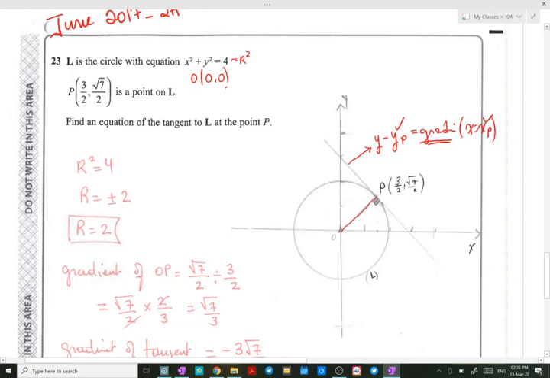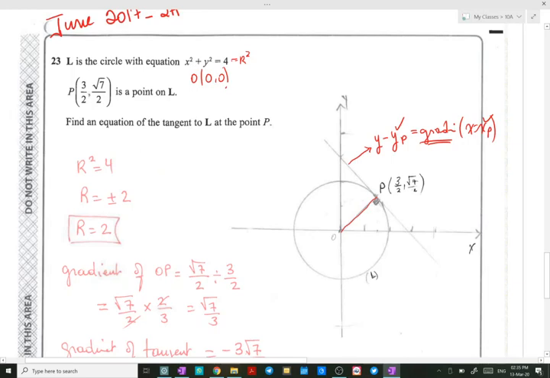In order to know the gradient of this line, we need to use the radius. R squared is equal to 4, so r is equal to plus or minus square root of 4, which is plus or minus 2.